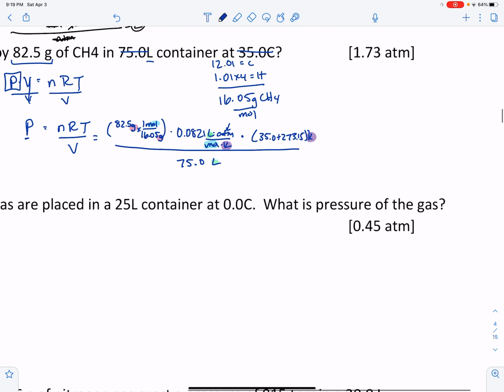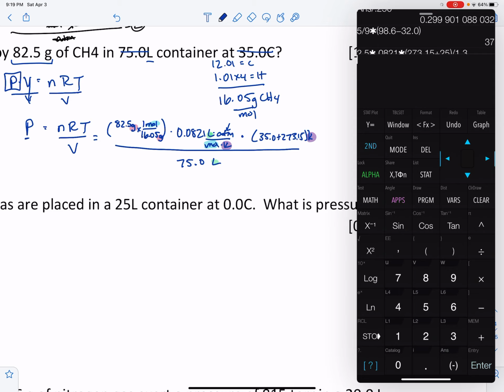And I can put all this in my calculator all at once. As a little note, you don't have to have parentheses around things that are being multiplied, only when you're adding like that. So 82.5 divided by 16.05 times 0.0821 times parentheses 35.0 plus 273.15 parentheses.